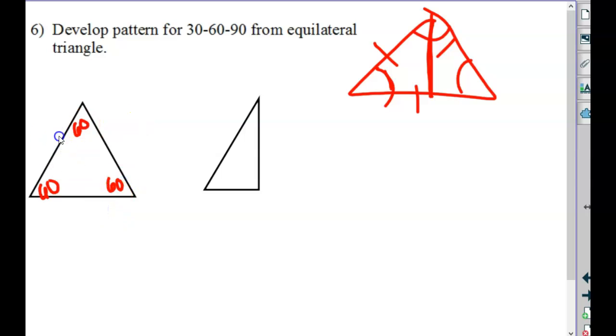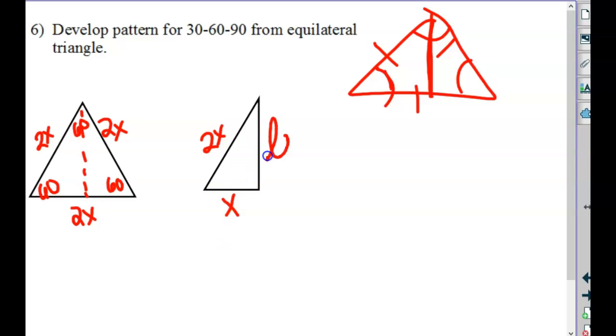Now we could make them X, X, and X, but it turns out it's easier if you call them all 2X, because then when you cut it in half, this stays 2X, but what's this guy down at the bottom become when I cut it in half? 1X. We don't like fractions any more than we have to. Otherwise, we'd call that X and this one half X, but that's an extra fraction we don't need.